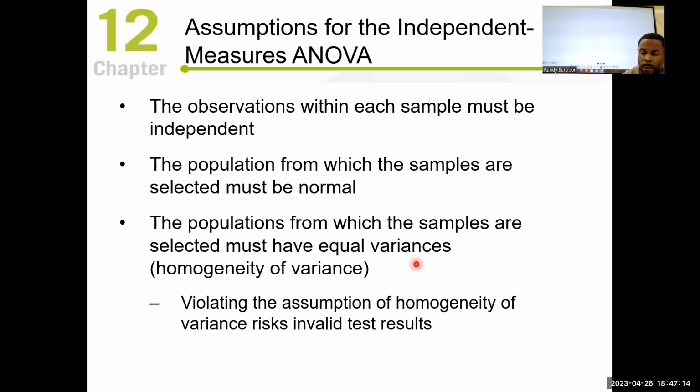Homogeneity of variance matters because if the variances are different, it's going to skew the results of our study, right? So violating the assumption just gives you invalid results. And so when we do that homogeneity of variance test, we want to determine if those variances are similar at all.